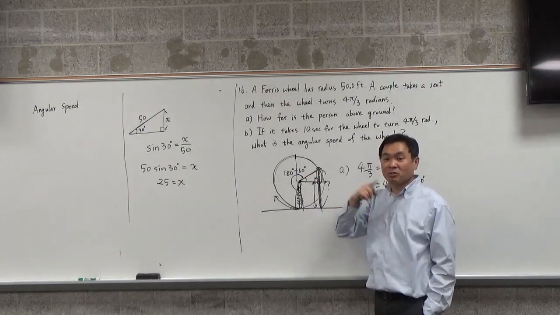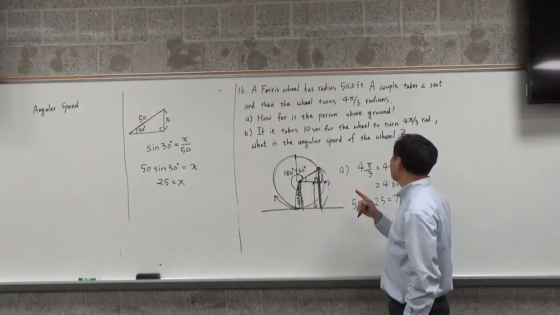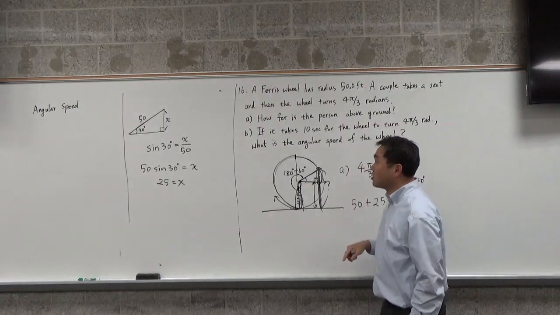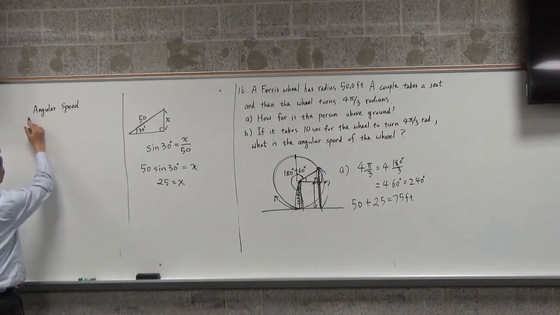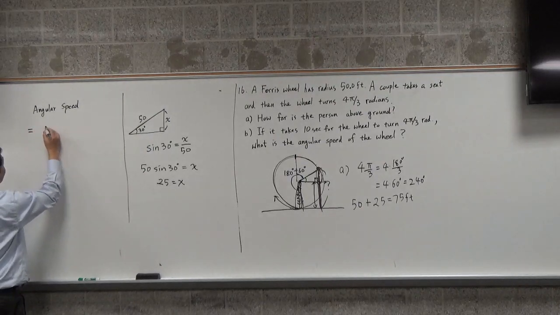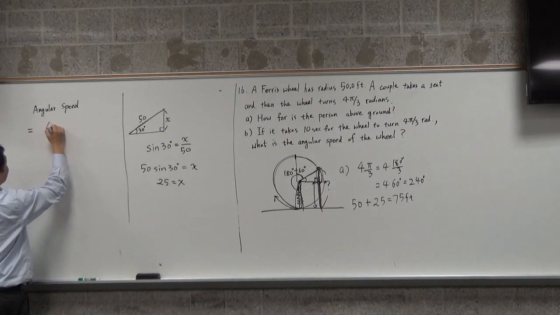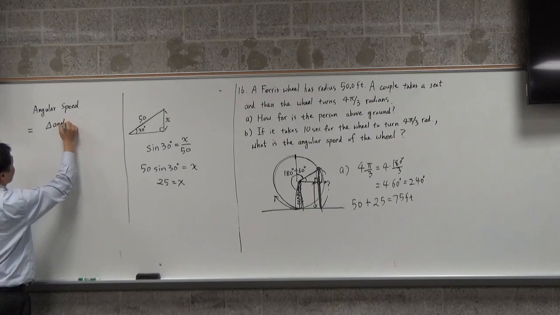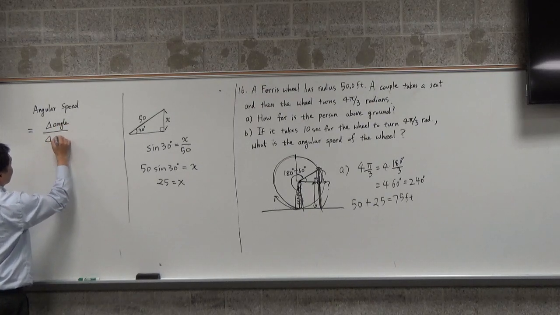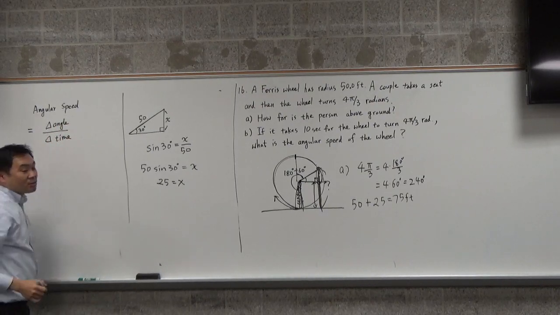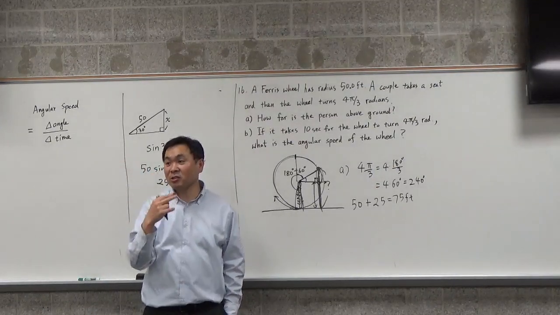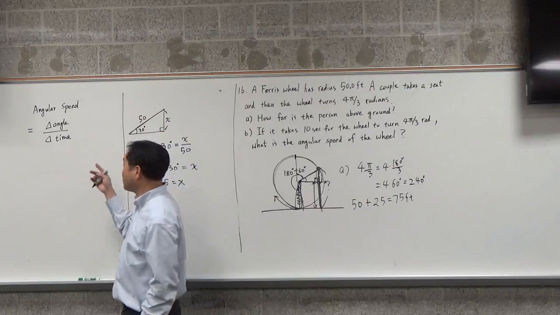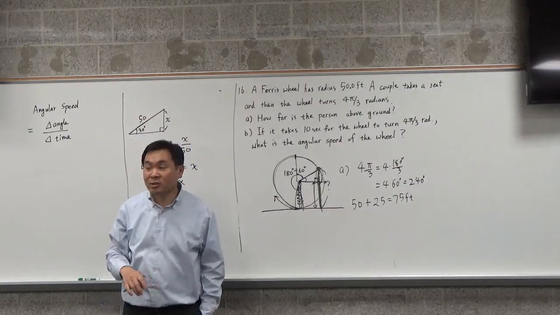We just have how much angle has turned in a given time. So angular speed means the change of angle divided by change of time. Just like linear speed is change in position divided by change in time. The same idea.